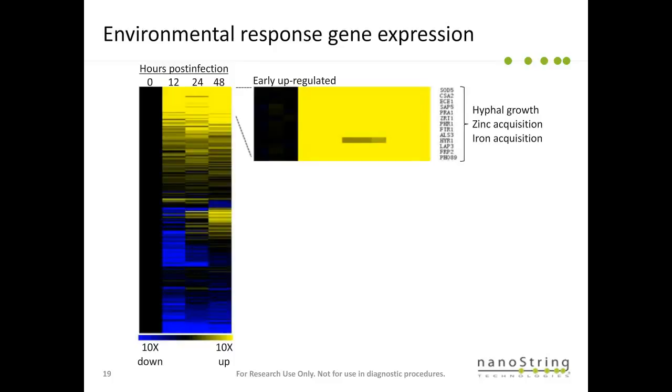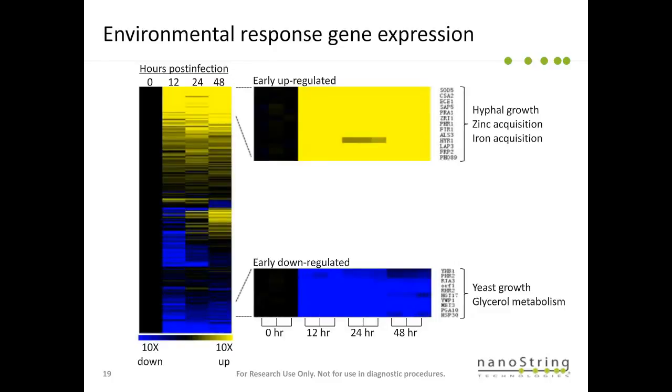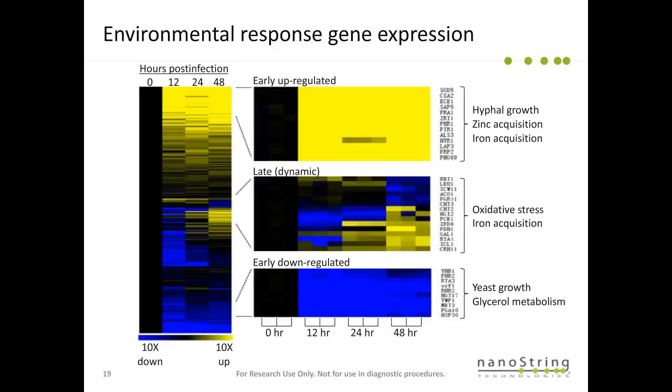So the cutoff is at 48 hours. There are also genes that are downregulated, shown in blue, from the beginning to the end of this infection time course. And more interestingly, there are genes with a dynamic change during that infection timeline.